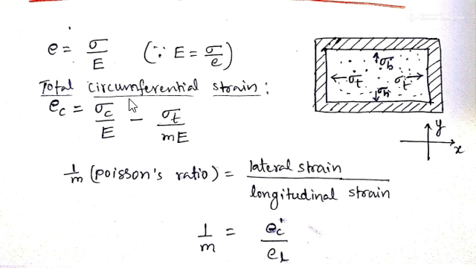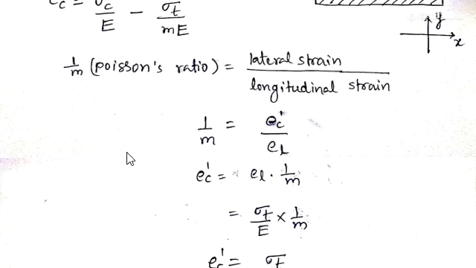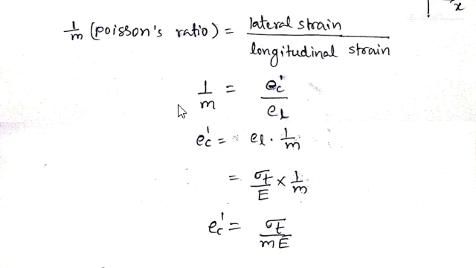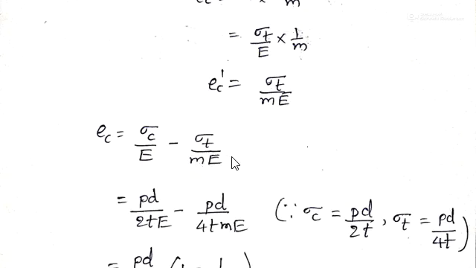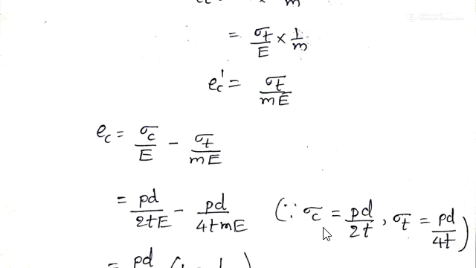Writing the equation once again: EC, the circumferential strain, equals sigma c by E minus sigma t by mE, where 1 by m is Poisson's ratio.